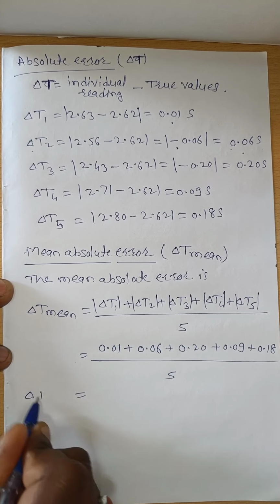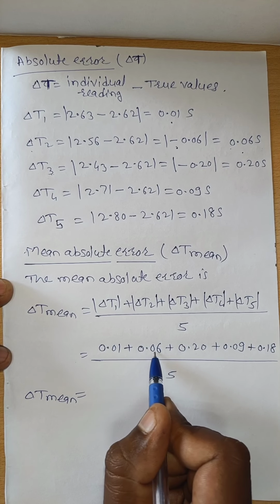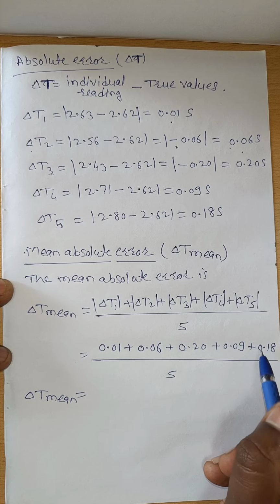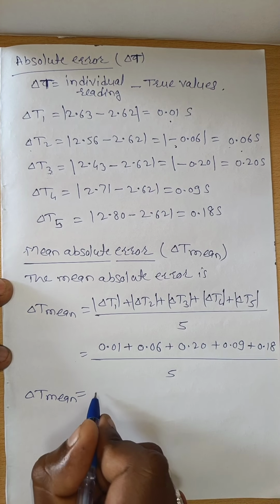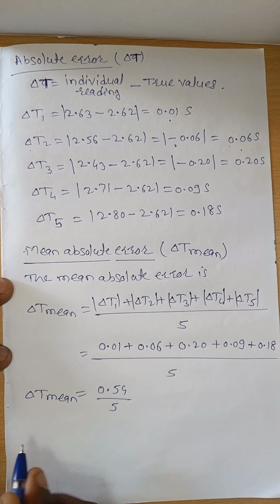Now delta t mean is equal to 0.01 plus 0.06 plus 0.20 plus 0.09 plus 0.18. All the additions give 0.54, divided by 5.